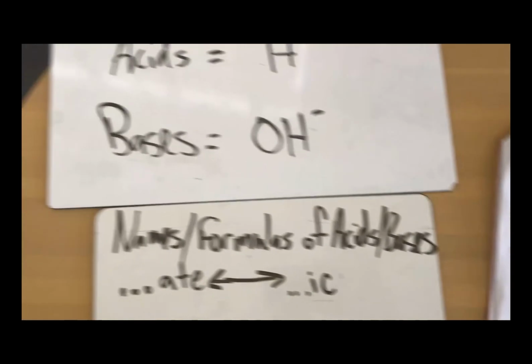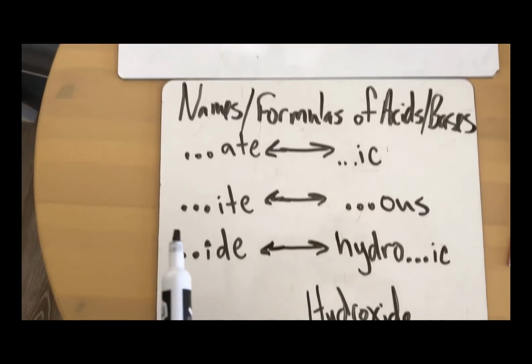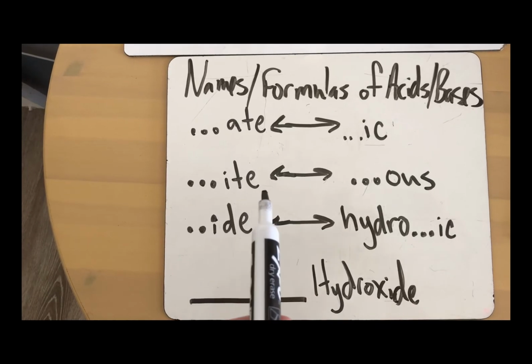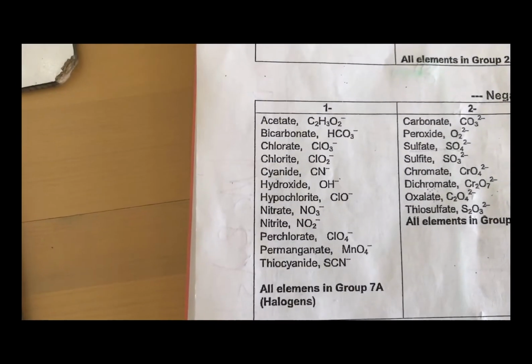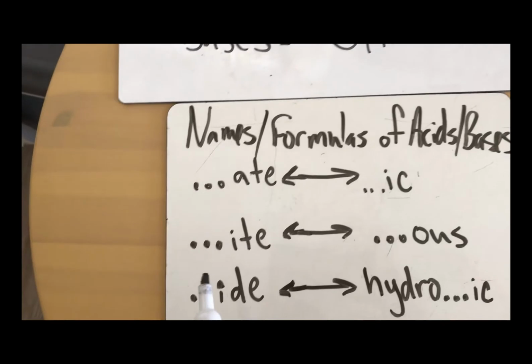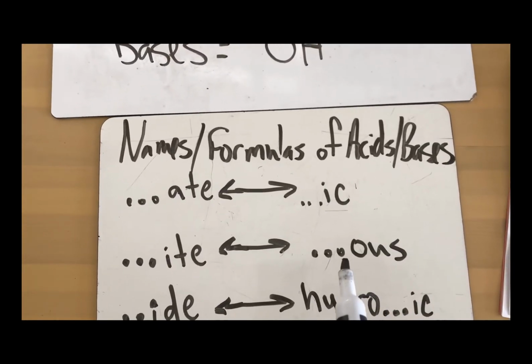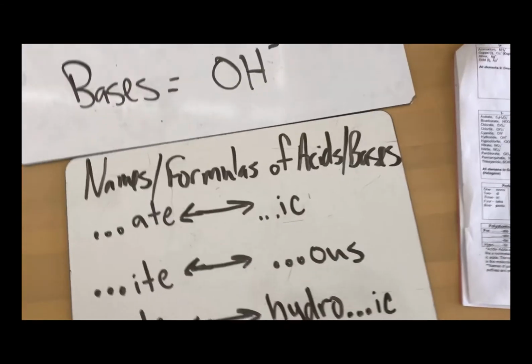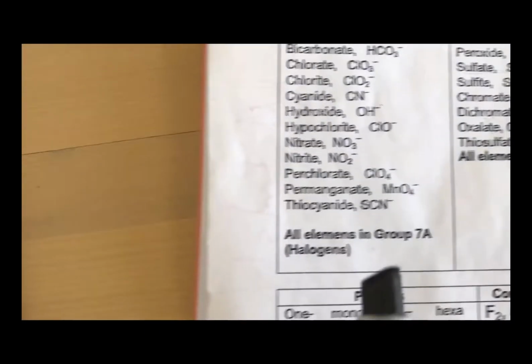Okay, and so if its chemical name ended in ITE, let's pick hydrogen nitrite right here, it would change to nitrous acid.